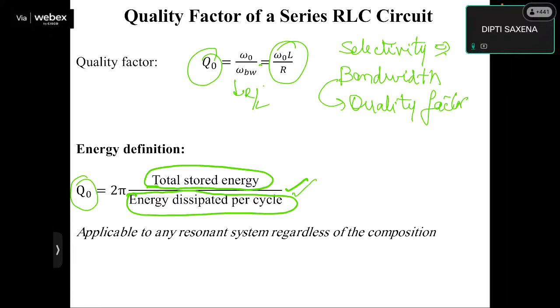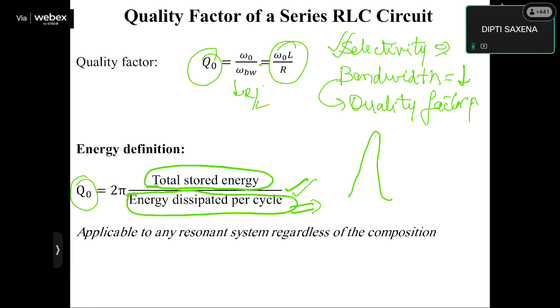Now, what do we need to have a good selectivity? We always want a fine selectivity. We need to have a low bandwidth and a high quality factor. Why do we want a high quality factor? Because then the energy dissipated per cycle would be very less, and the bandwidth should be less.